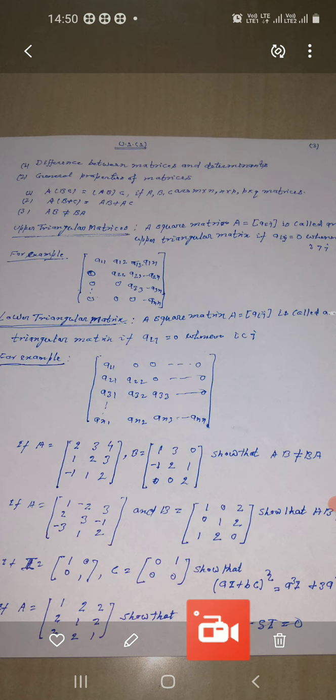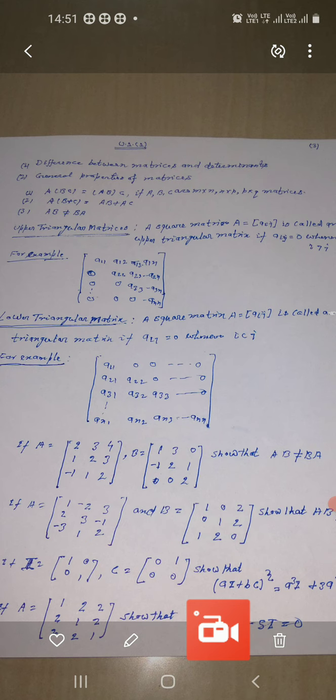So you have to show that AB is not equal to BA. It is very simple. Multiply A by B and find its value, and then multiply B by A and find its value, and see whether both values are equal or not. If both values are not equal, then AB is not equal to BA. It is very simple, do it yourself.